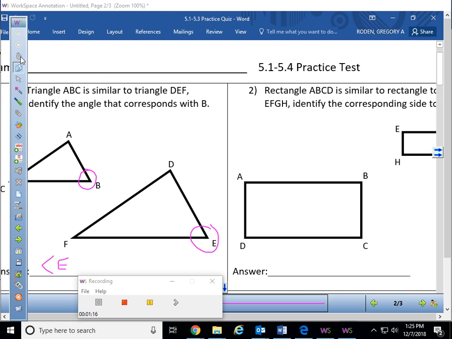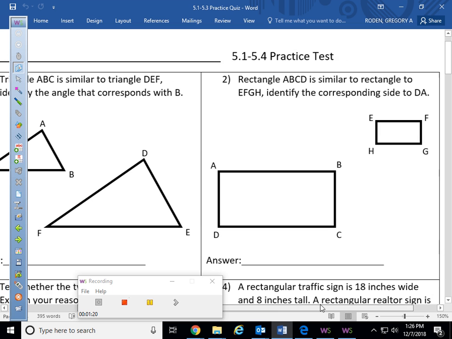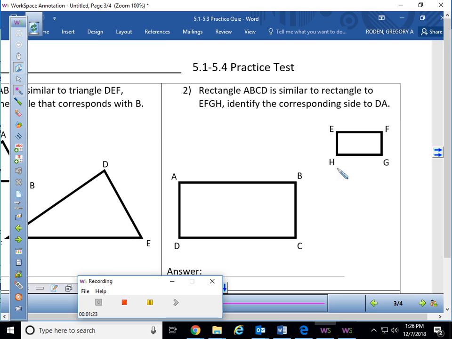Alright, let's do the next one here. Okay, so number 2. Now we have these two similar rectangles, and we want to identify the corresponding side to DA. Well, DA is right here. It's this side right here. So I'm saying it's going to be this side right here, HE.